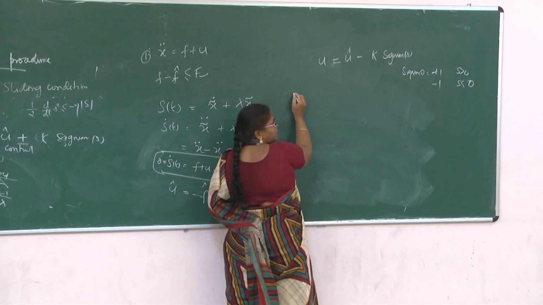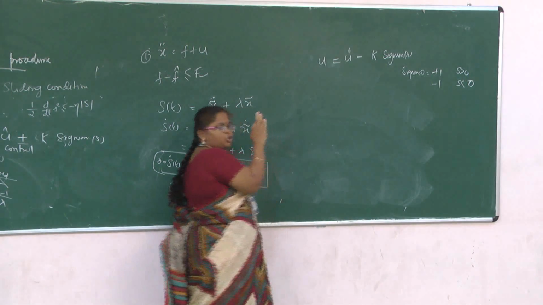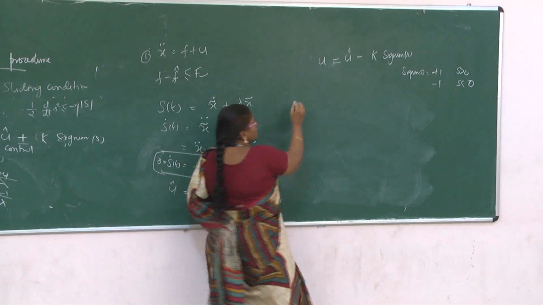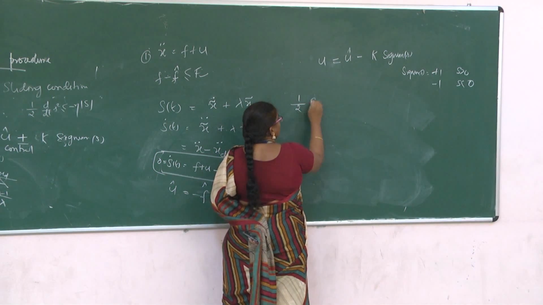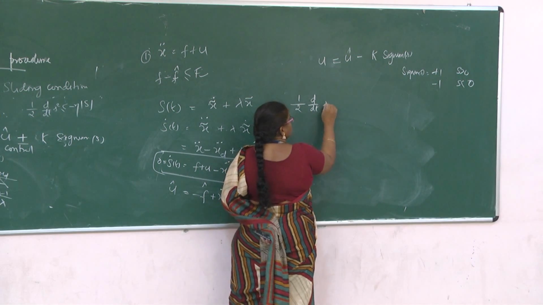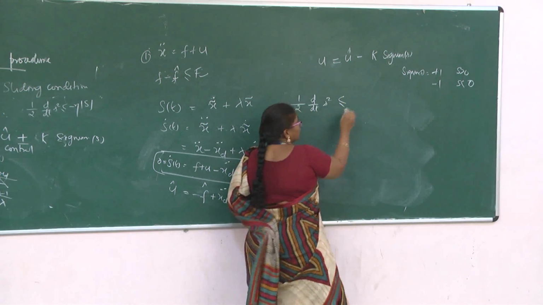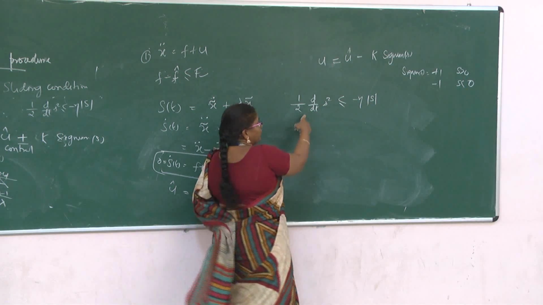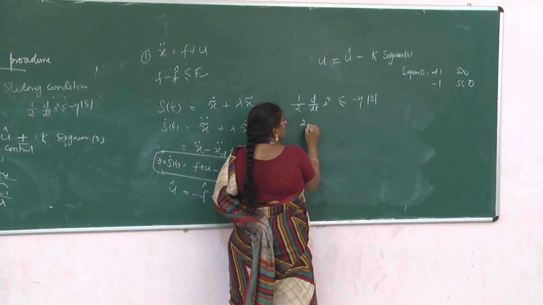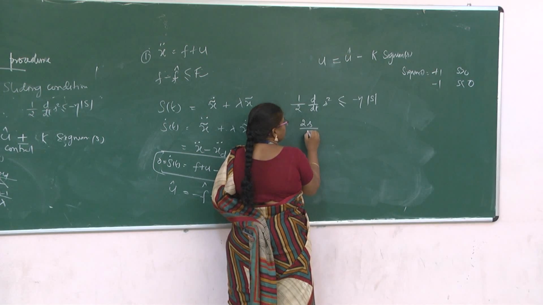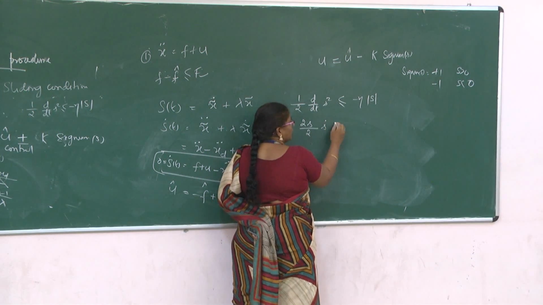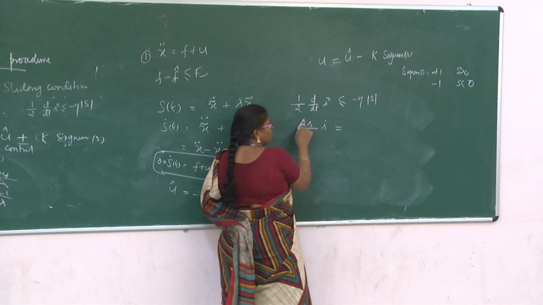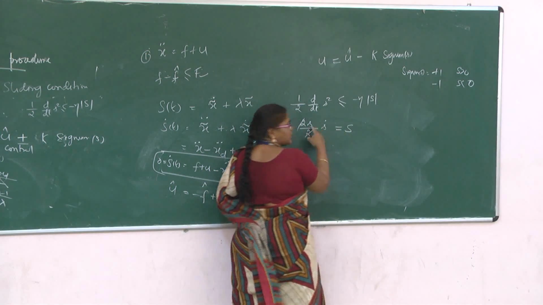Now I am going to check whether my control law satisfies the sliding condition. The sliding condition is 1 by 2 d by dt of s square less than or equal to minus eta times the magnitude of s. I am going to simplify this. When you simplify, it becomes 2s by 2 times s dot, the 2 cancels, and I have s as it is.